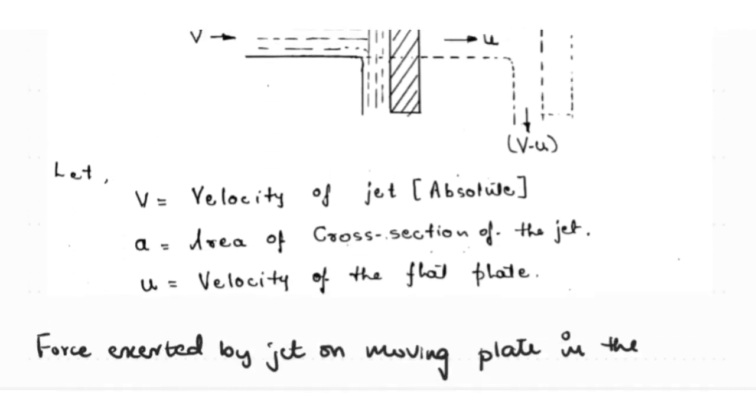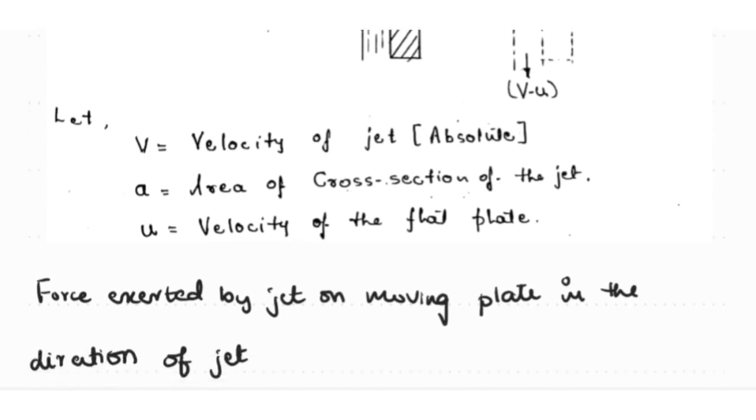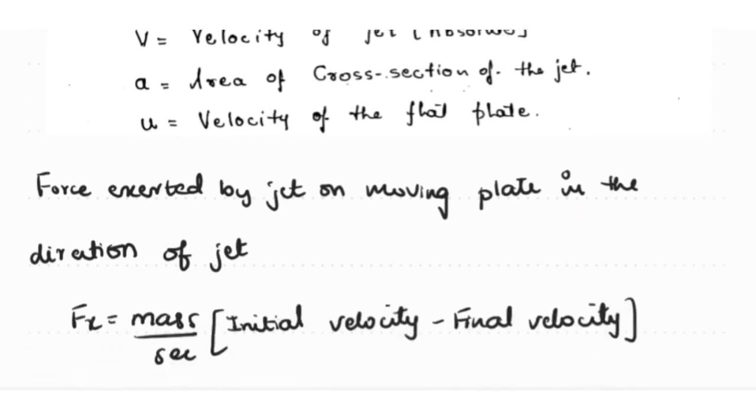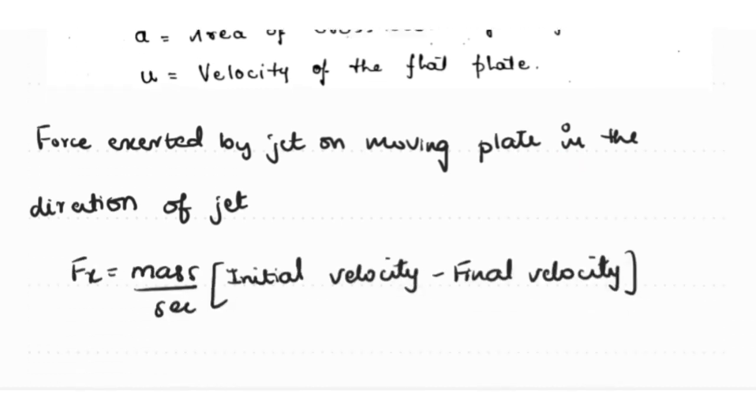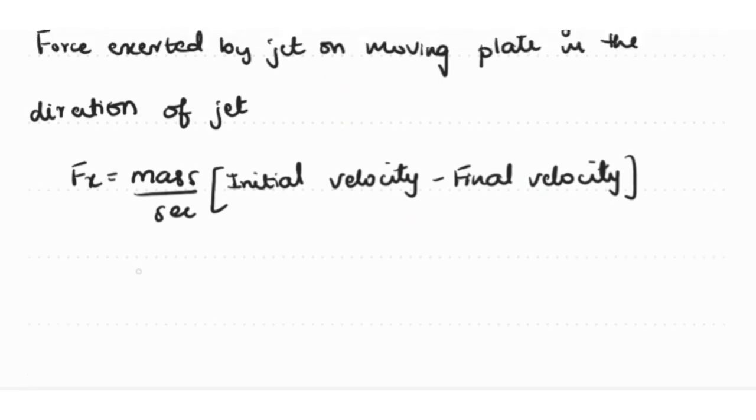So let us derive the equation for force exerted by jet on moving plate in the direction of jet. As usual, Fx is equal to mass per second into initial velocity minus final velocity. So what is mass per second? That is equal to rho, that is density, into A, area, into velocity.